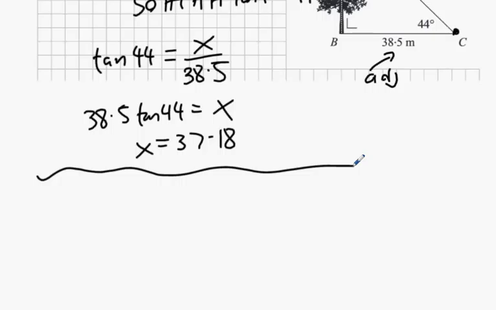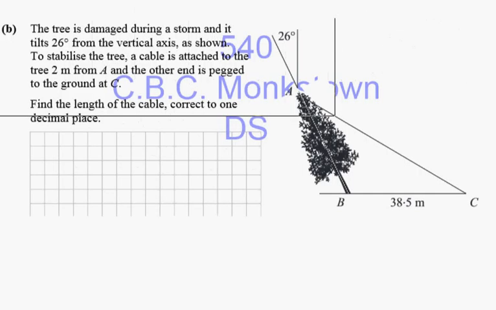Okay. Now, what happens in the next question is that the tree then becomes slanted. The tree is damaged during a storm and it tilts at 26 degrees to the vertical axis, okay? And to stabilize the tree, a cable is attached to the tree 2 meters from A. So this is taken from a mock.